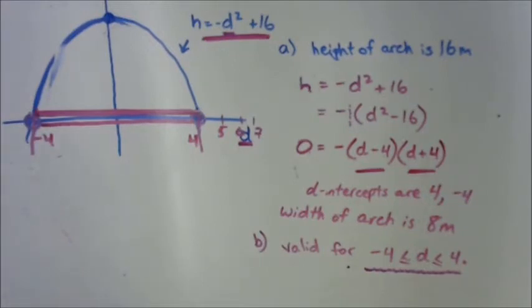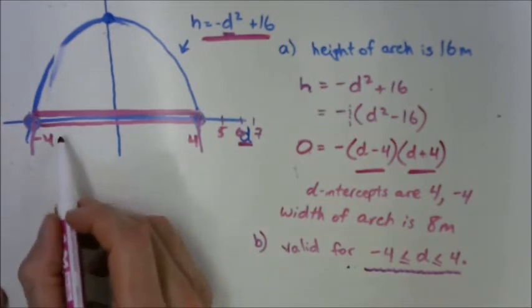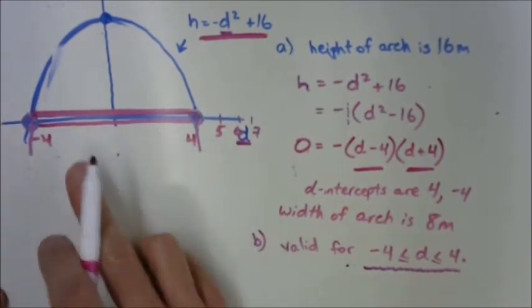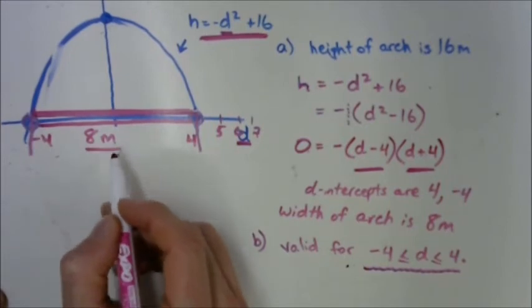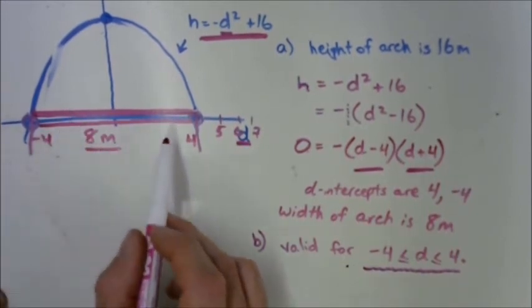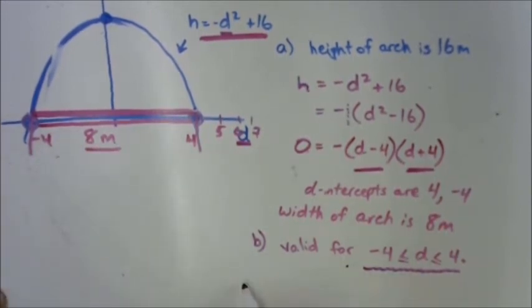C. If a width of 2.5 meters is needed per lineup at the entrance, how many lineups can there be? Well, we said we have a width of 8 meters, and if we needed to have our lineups here, we just divide 8 by 2.5.